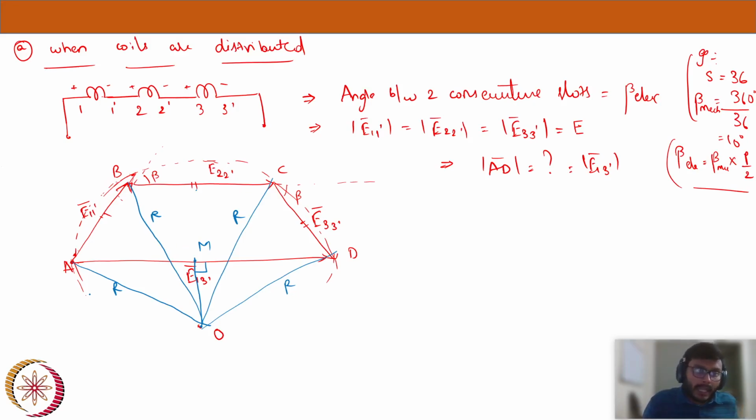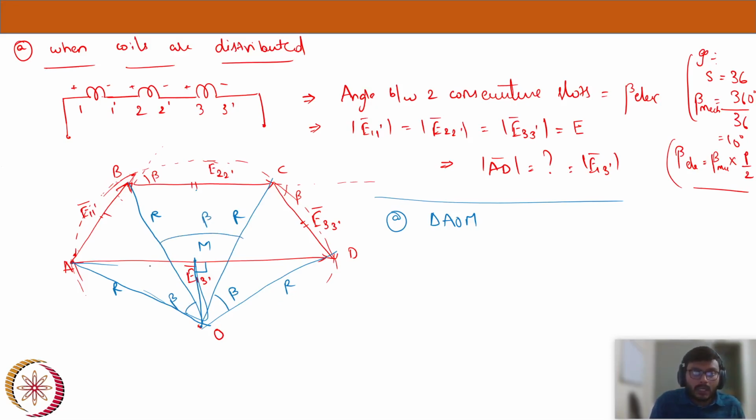So, let's say how we can find it. Take this triangle AOM. We know that each angle is beta, this angle is beta, and this angle is beta.